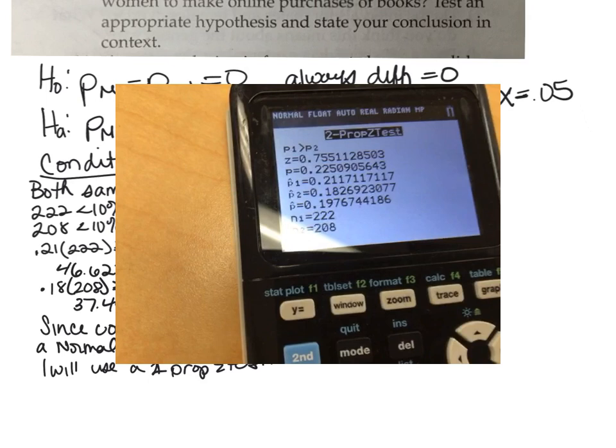Okay, so let's write down our z-score is 0.0755, and we're going to write 2-prop z-test. Even though we just said I'm going to use the 2-prop z-test, this indicates that we used our calculator.